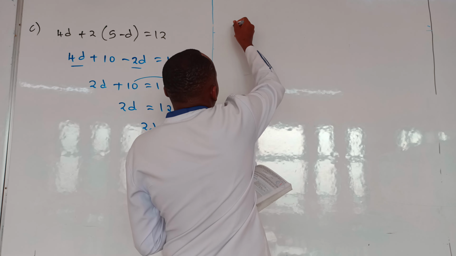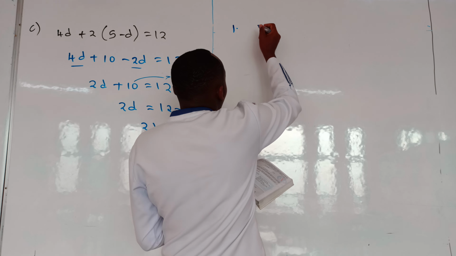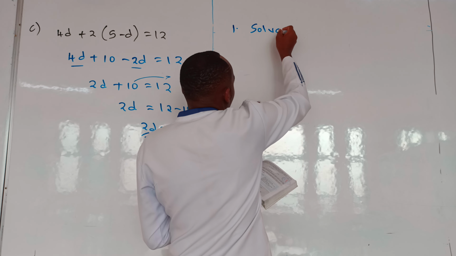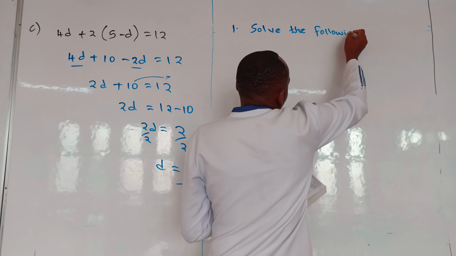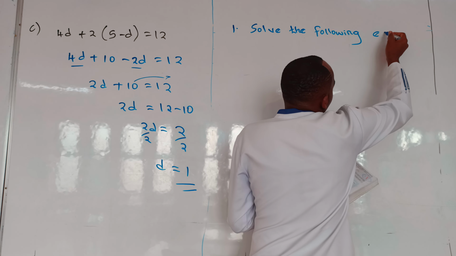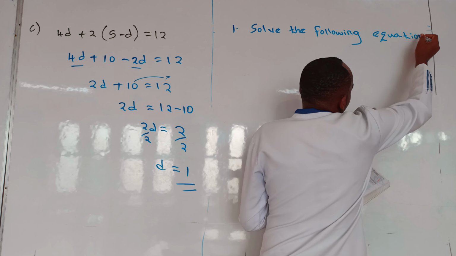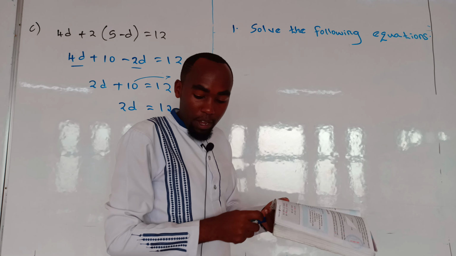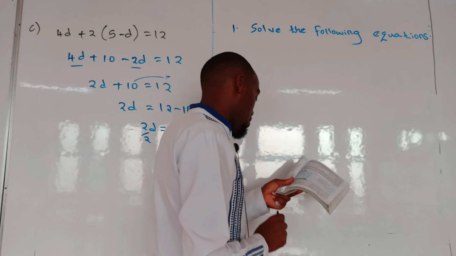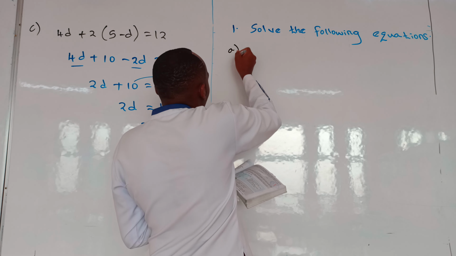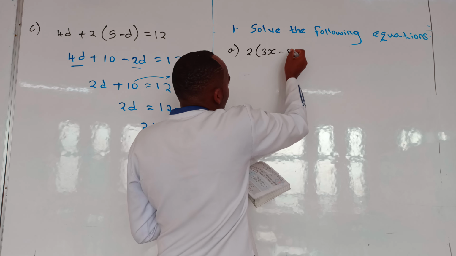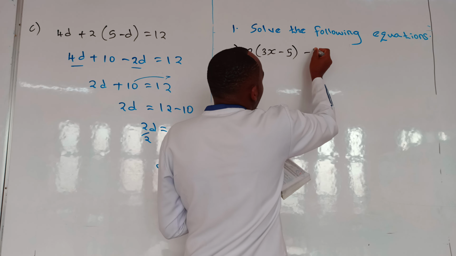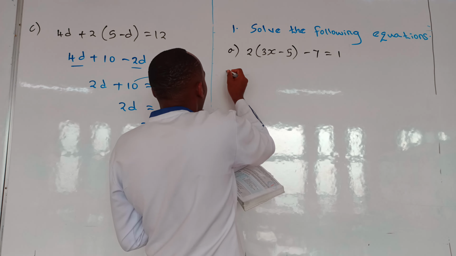And question number 1, we are told, solve the following equations. And the first one, A, we've been given 2 into 3x minus 5 minus 7 is equals to 1.